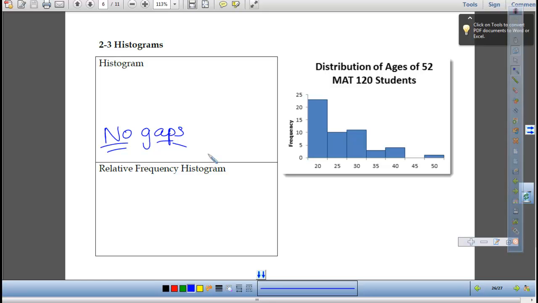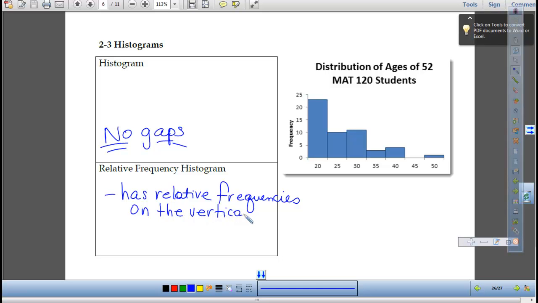A relative frequency distribution, instead of having frequencies on the vertical axis, would have relative frequencies on the vertical axis. That's the difference between the two; there's no other difference.